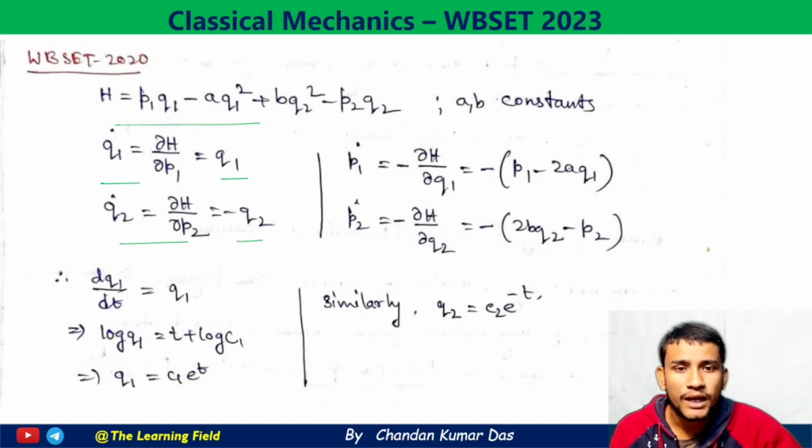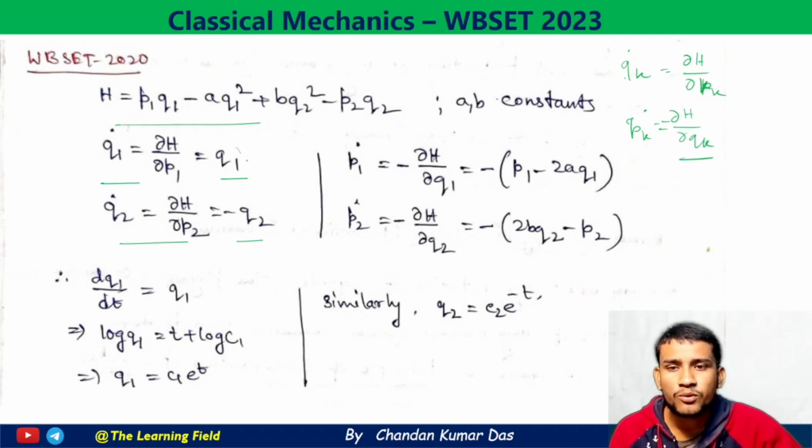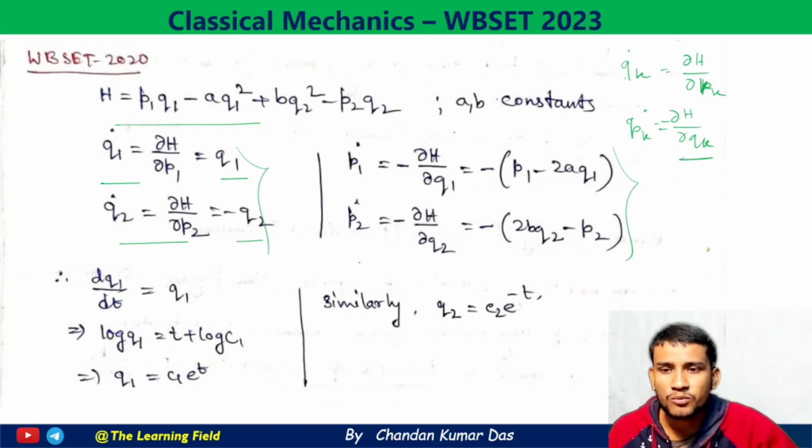The second part of the equations: qk dot equal to del H del pk, and pk dot is equal to minus del H del qk. Therefore these four are the Hamilton's equations of motion.